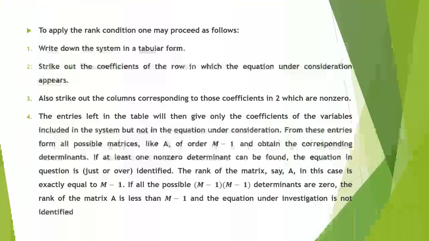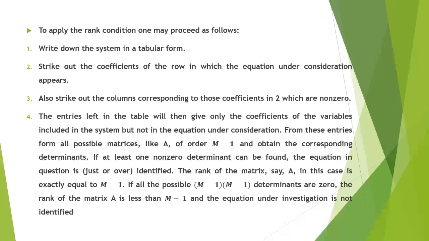To apply the rank condition, one may proceed as follows. First step, write down the equation in a tabular form. Second, strike out the coefficients of the row in which the equation under consideration appears.